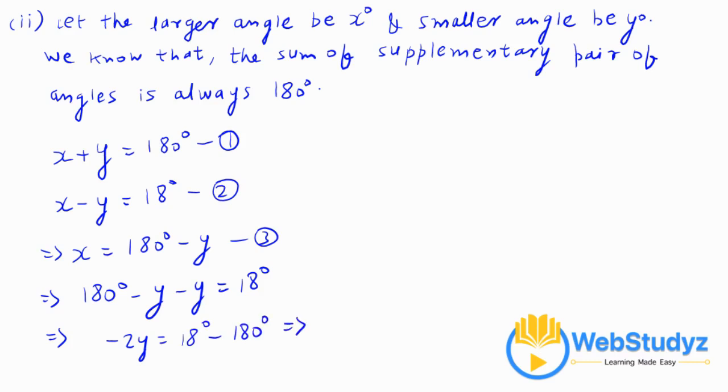Solving this, we get the value of y as 81 degree. Now putting this value of y into the third equation, we get x equals 180 degree minus y, and y is 81 degree. So from here we get the value of x as 99 degrees.